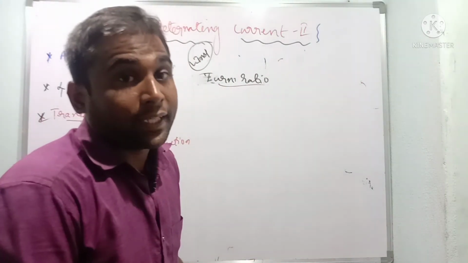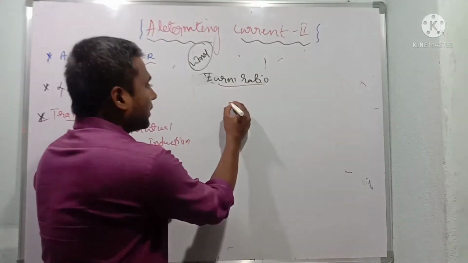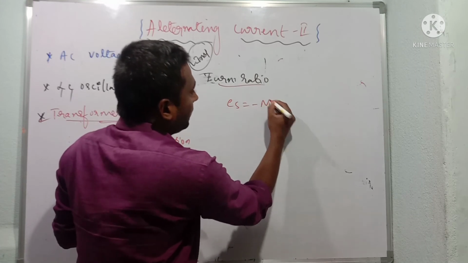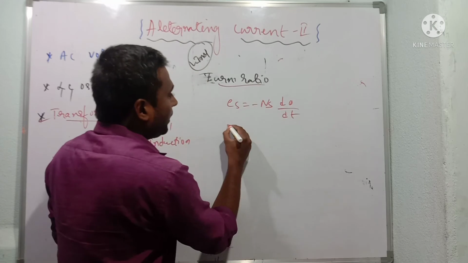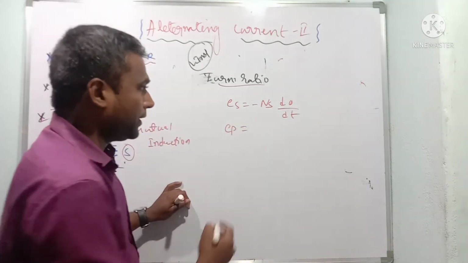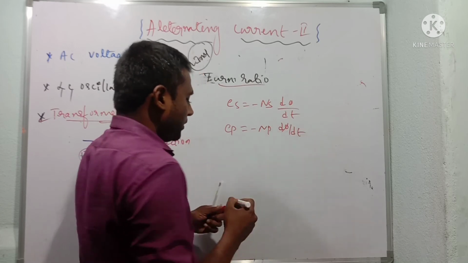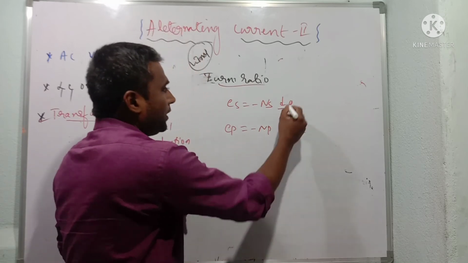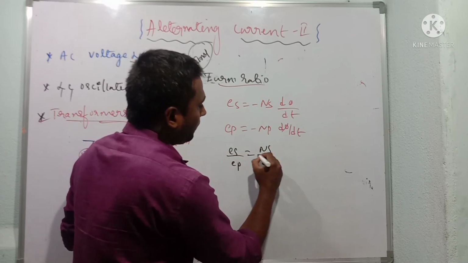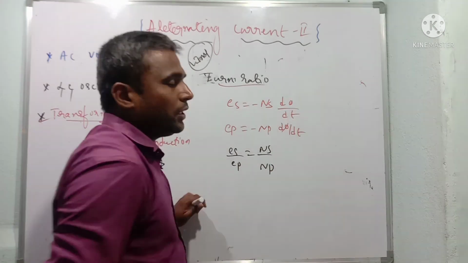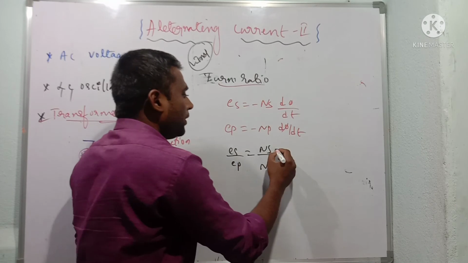According to the second law of Faraday's laws of electromagnetic induction, ES is equal to minus NS dφ/dt. Similarly, the EMF in the primary coil is minus NP dφ/dt. If I take the ratio, ES/EP is equal to NS/NP, because dφ/dt cancels out, and minus by minus becomes plus. This is called the turns ratio.